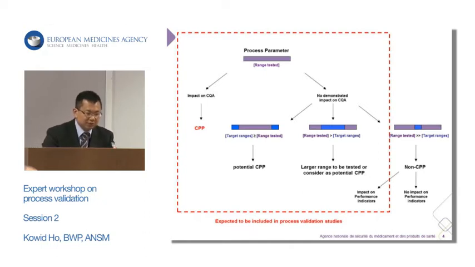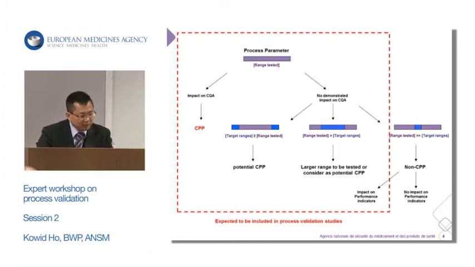So in such a situation, since it is very difficult to conclude, we most likely will consider it as a potential CPP, meaning that it should be handled as a CPP, even if it was not demonstrated to have an impact on the CQA, because we have doubts on this conclusion.